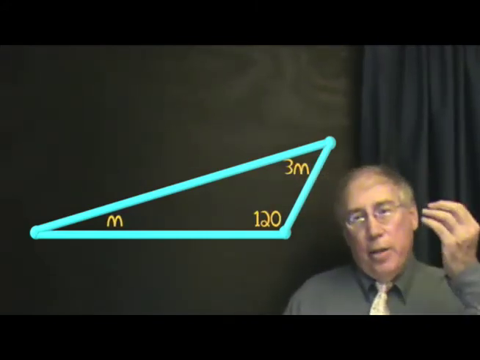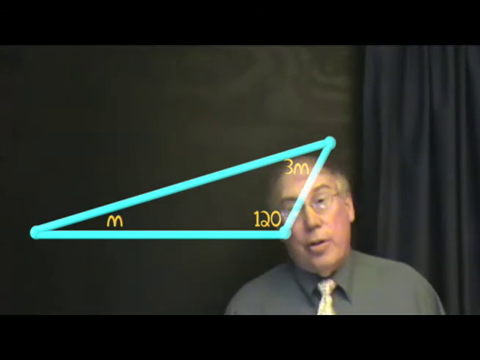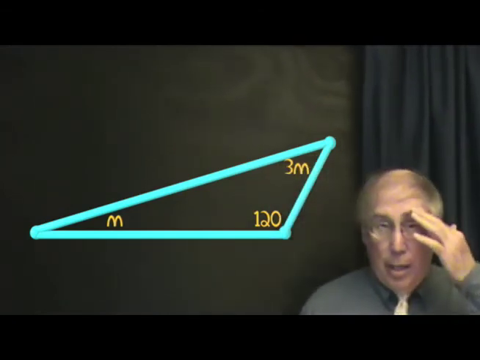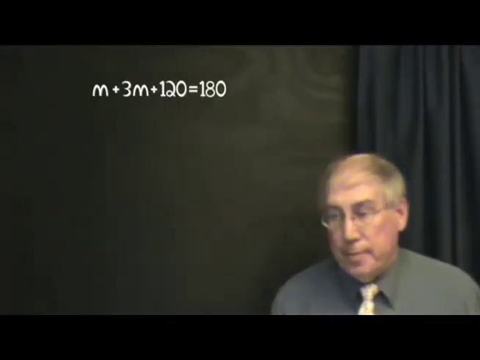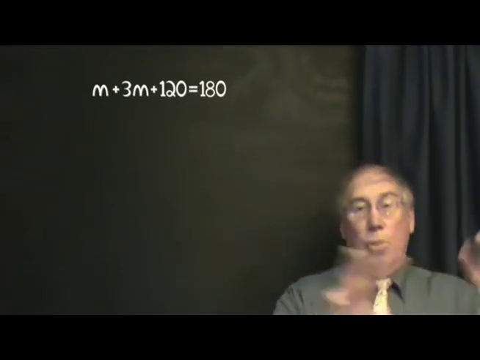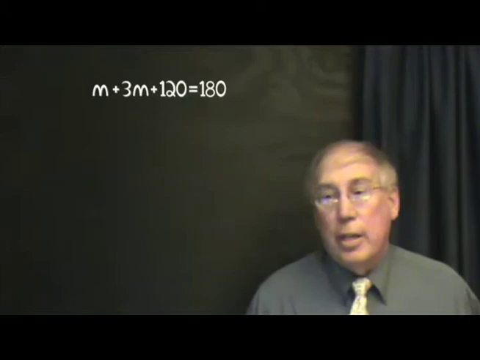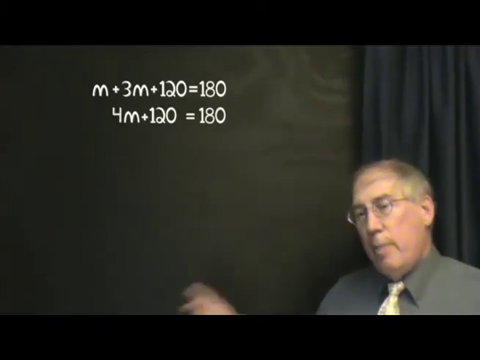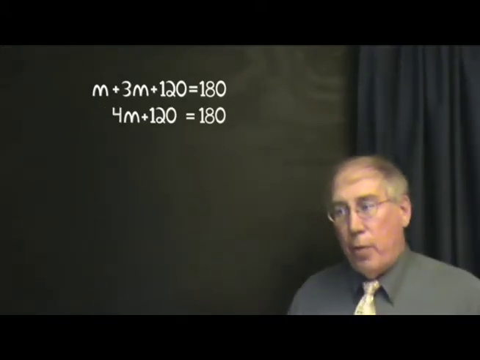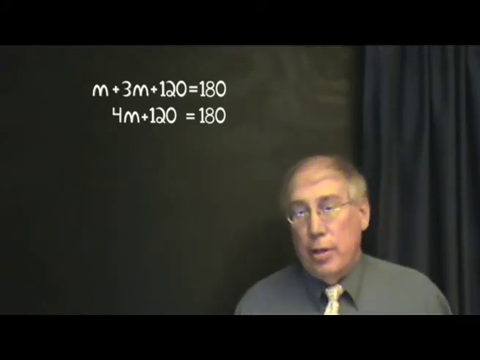And let's say that one angle is M and the other angle is 3M. Let's find all the angles. So all we have to do is add those 3 angles together, and we'll get 180. So M plus 3M is just 4M, so we get 4M plus 120 equals 180.